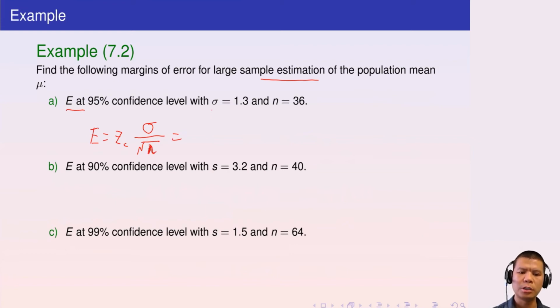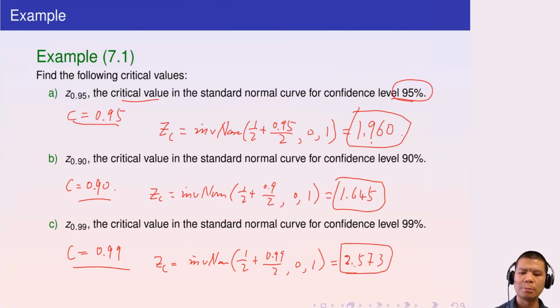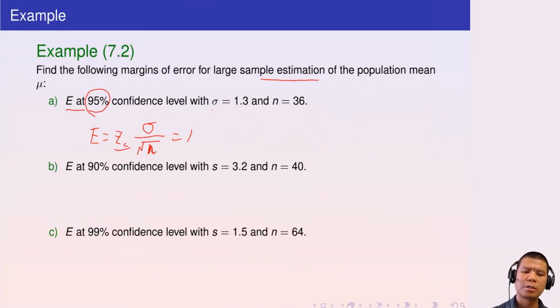Now C is 95%, so ZC is 1.96, as we saw in the last example, times sigma, 1.3, over square root of 36. Then you can find this value.